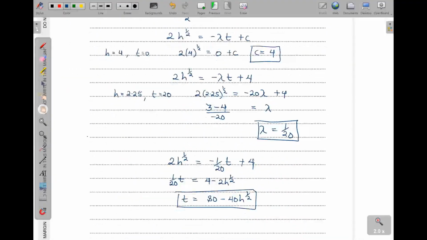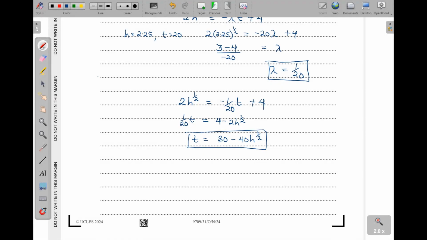Okay? To empty the tank, h has to be equal to 0. So that means t will be now 80. So when you substitute 0, it will take 80 minutes. Okay? 80 minutes.